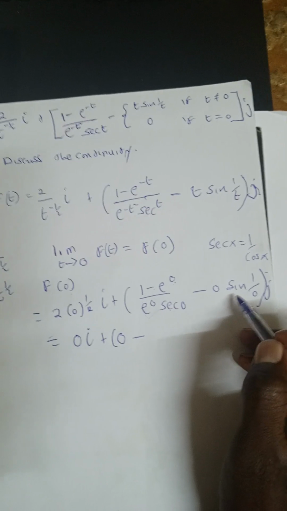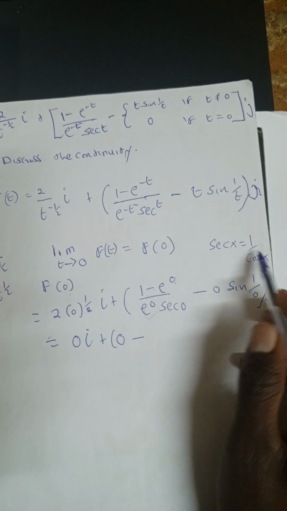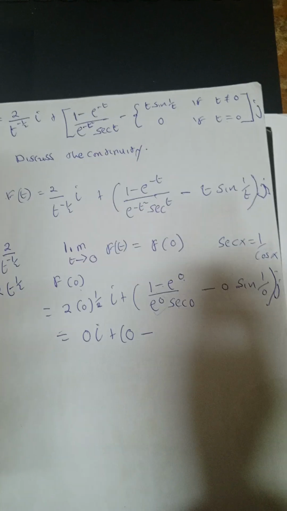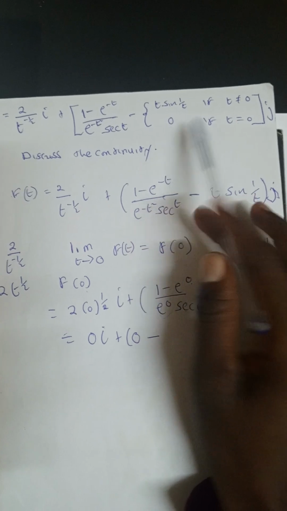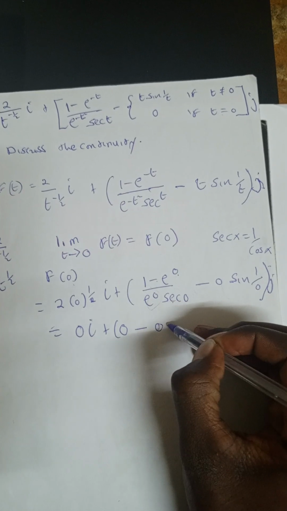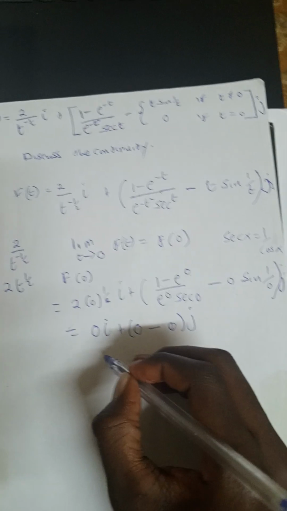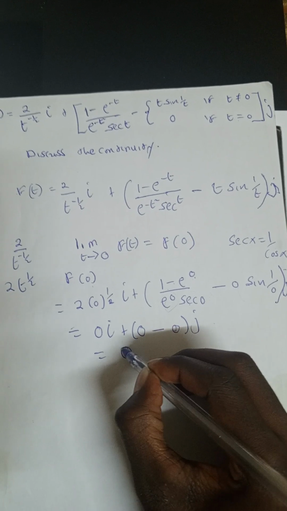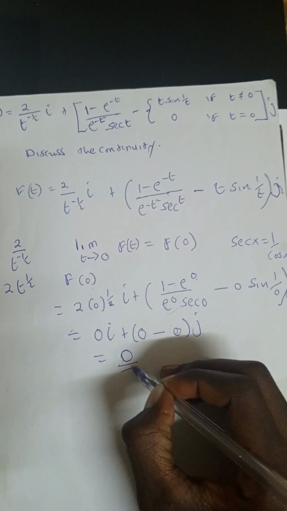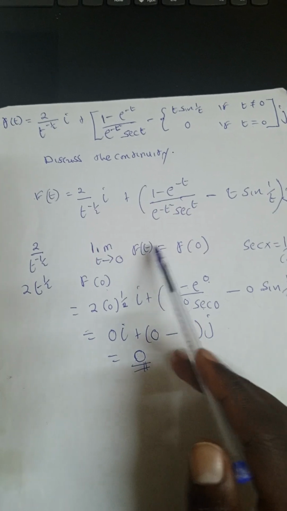We subtract. Now, for this one, where you can just see it from, they are saying that when t is equal to 0, this function is 0. So we know that this also is 0. So what we are having here is just 0.